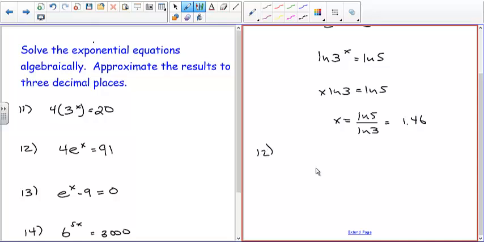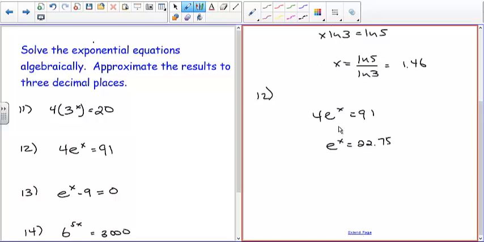Okay, the next one, we have 4e to the x equals 91. So we divide both sides by 4. So 91 divided by 4 is 22.75. Again, for exponential equations, we can use the natural log for every one of them.